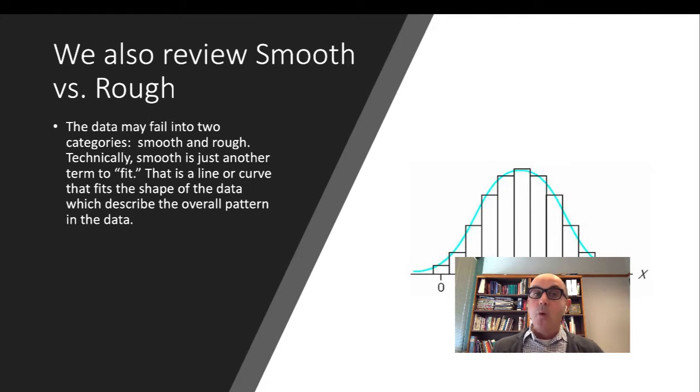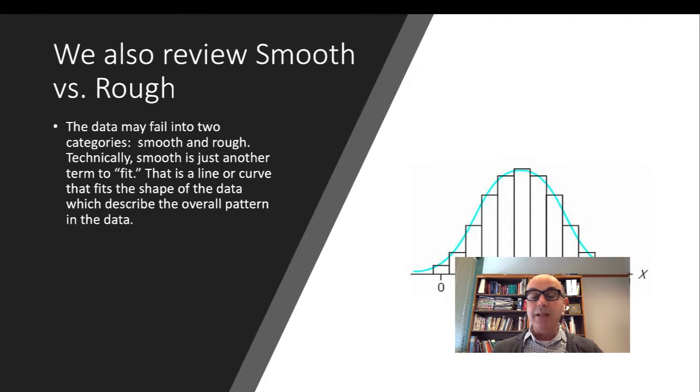We also reviewed smooth versus rough, and we said that using smooth, we are able to see how well it fits into a line or curve, the shape of the data.